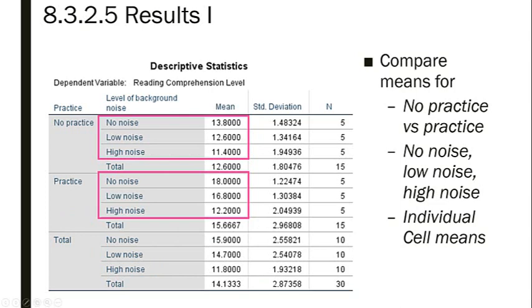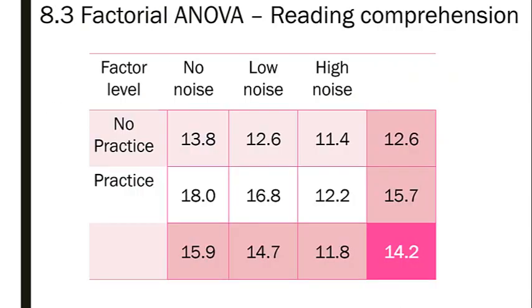And it can be difficult to interpret these individual cell means, but what you might notice is that at each level of noise, the practice group has a higher score than the no practice group. So that's one takeaway.